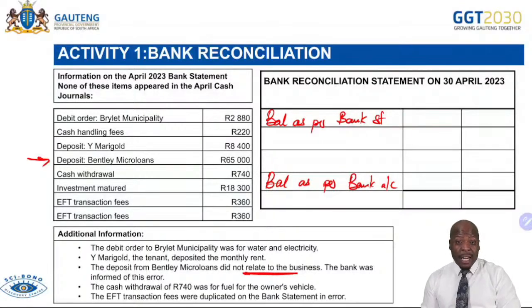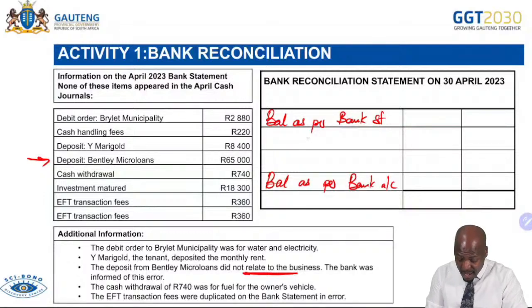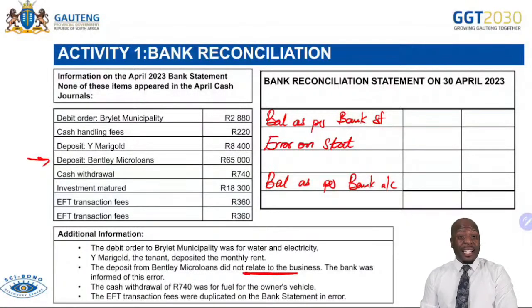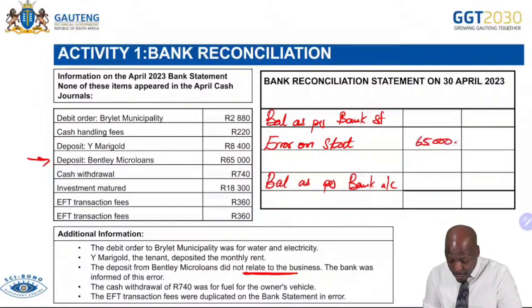And if they have credited our account, to correct that, we debit our account. So we come here, then we'll say error on the statement. The error on the statement is that they credited the account. If they credited the account, we correct it by debiting. So we're going to debit it by 65,000 here.